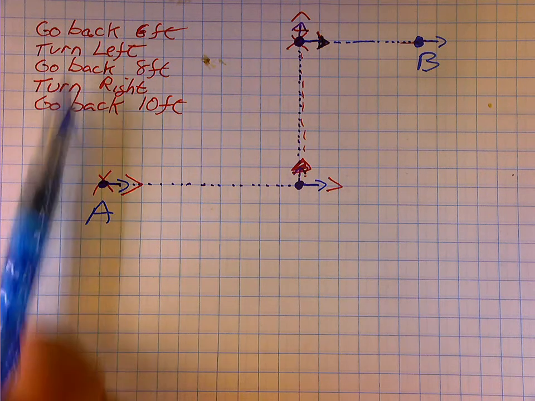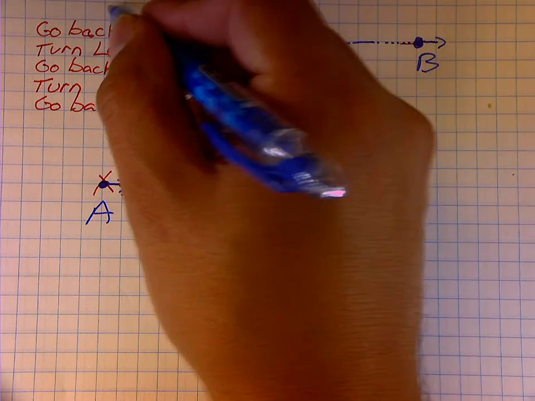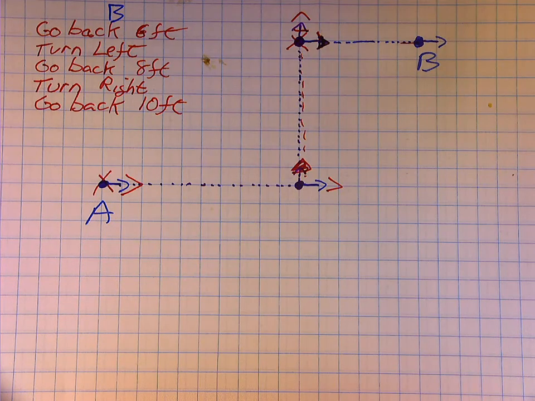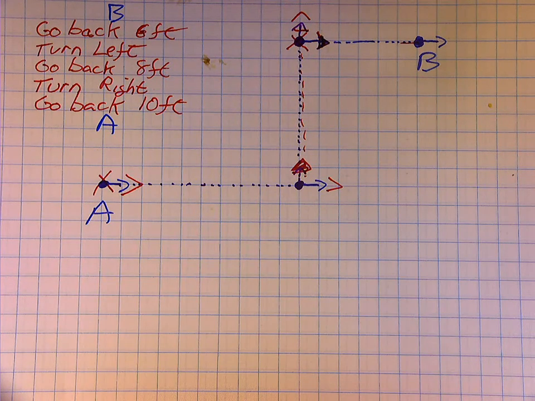But the second set of instructions here begins at point B and took us back to point A. Whenever we're looking at an inverse, whatever the original function does, the inverse is going to undo that set of operations. Let's look at some other examples.